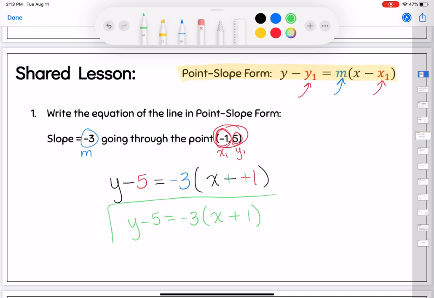And that's it. I'm done. That's what my answer will look like when it's written in point-slope form. So that's all the equation is asking you to do. Plug the numbers into the correct spots. Slope is -3, that goes in the m spot. Point was -1, 5, x1, y1 go into those correct spots, and watch your negatives.